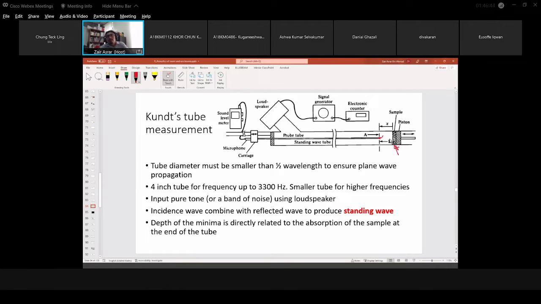So we'll be measuring the regions of high and low sound energy. From this high and low sound energy, we can calculate the absorption of this material. So this is basically a standing wave approach.